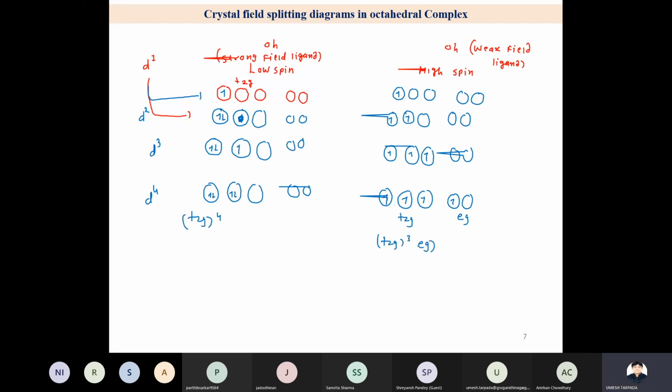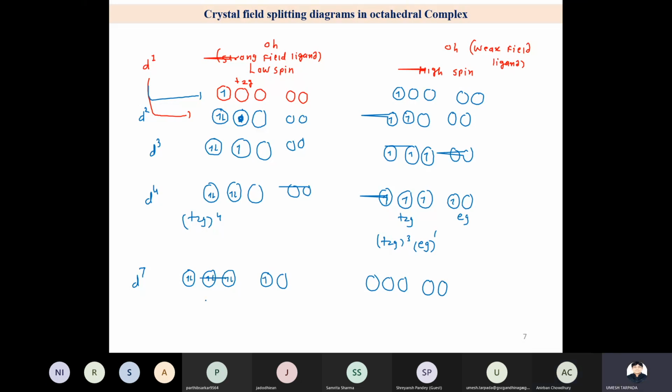And EG1. So see, in this way you can have, suppose seven electrons are there, how it is filled in the low spin complex. T2G will be all paired and EG orbital has one electron.